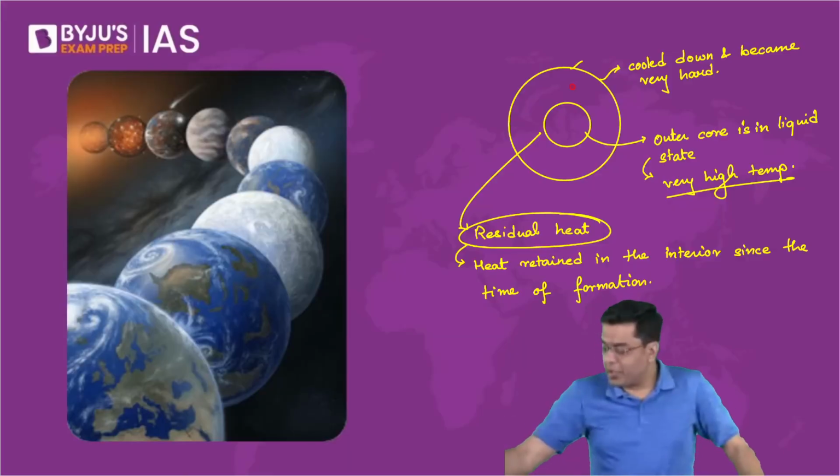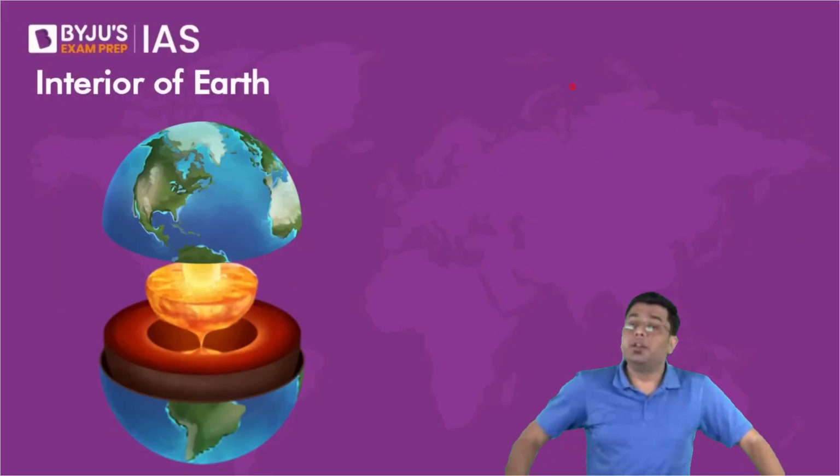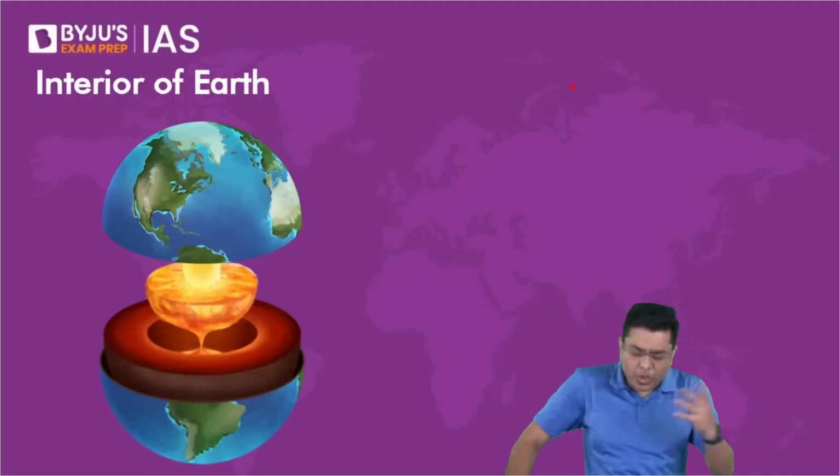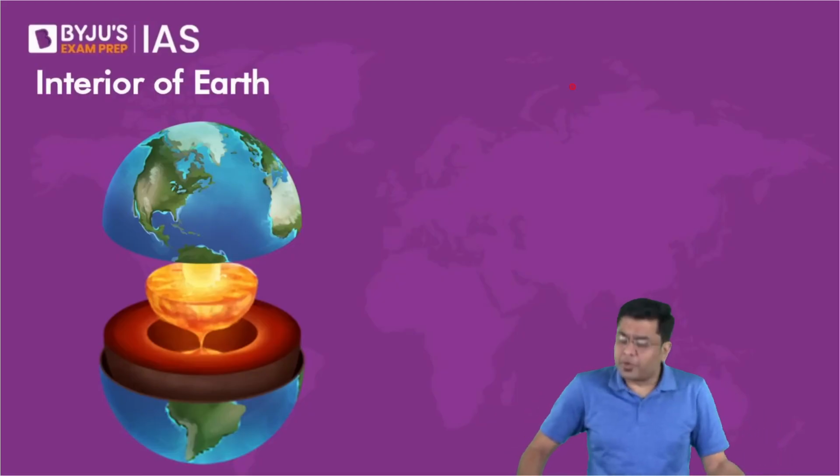Now let us come to the portion of the interior. What is the interior composed of? But before talking about that, I'm sure many of you have this question in your mind: how do we know about the interior? Whether the inner core is in solid or liquid state, nobody has gone there. How do we know about it?